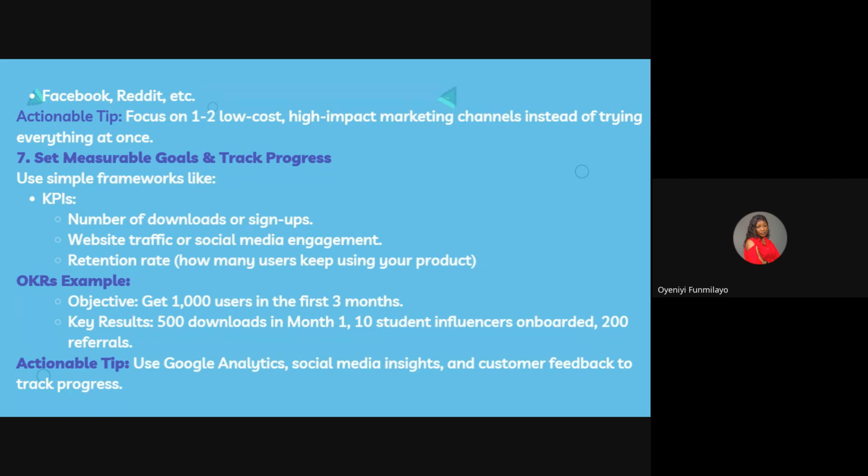When coming up, they don't just go on all social platforms, right? Some people will pick a niche. It could be just TikTok and Instagram, and they'll stay very consistent there until after a particular period of time before they can now move ahead to, let's say, YouTube. Do you get? So you just have to focus on one particular channel.